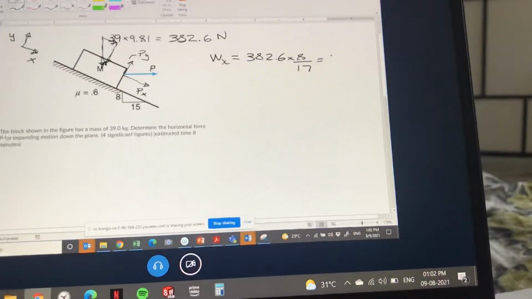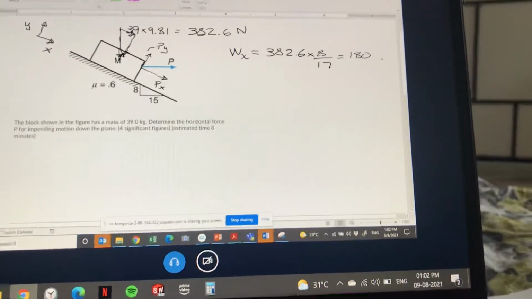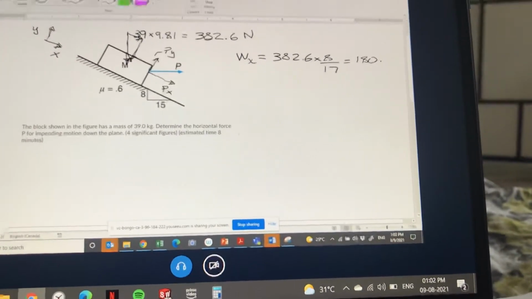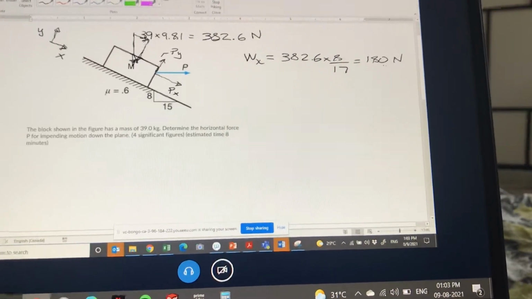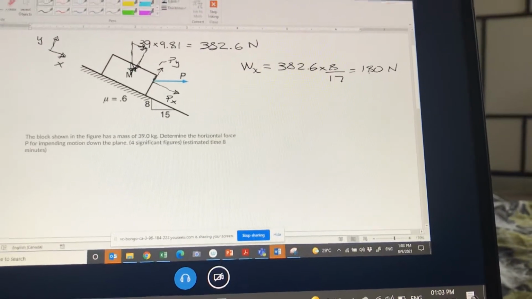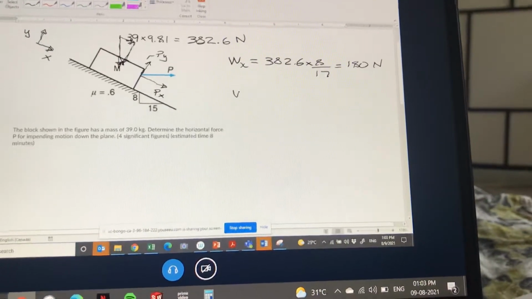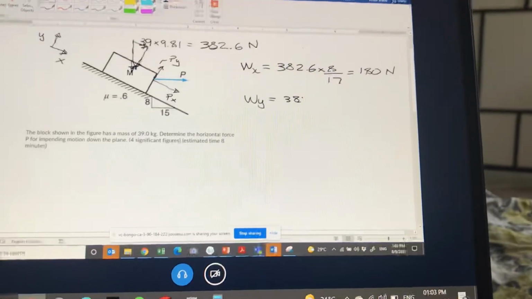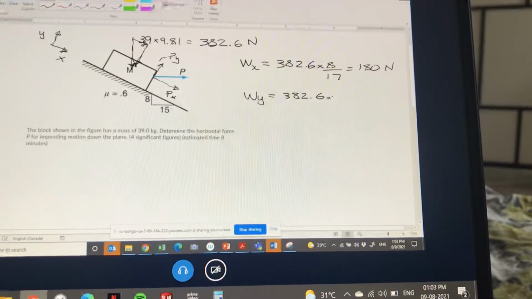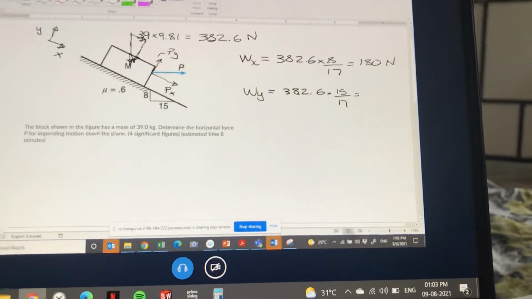So this is basically 180.0. So I'm going to say 180 newtons. This is a round up; in this case, I'm rounding up to 4 significant figures, even though you only see 3. Okay, and Wy would be 382.6 times 15 divided by 17. Okay.